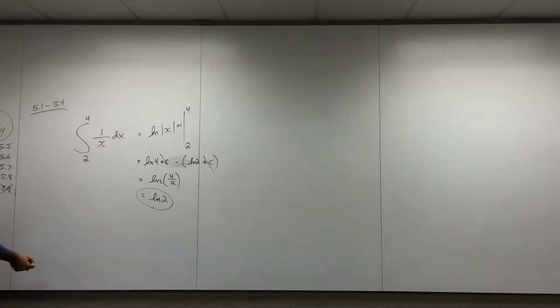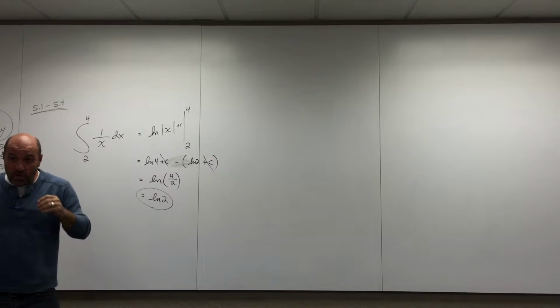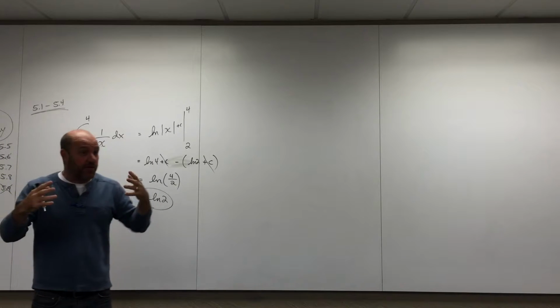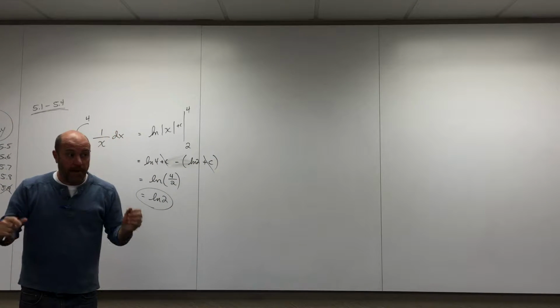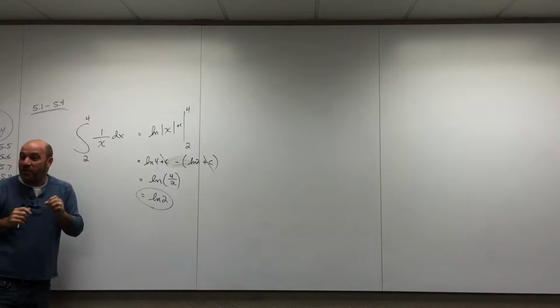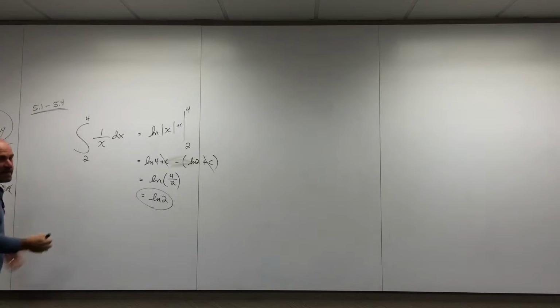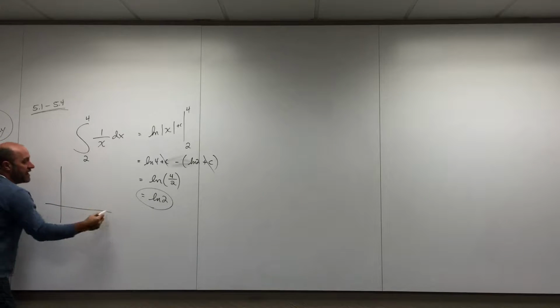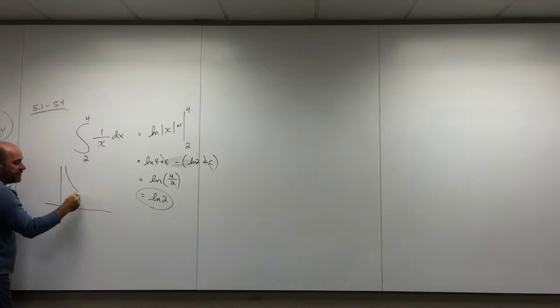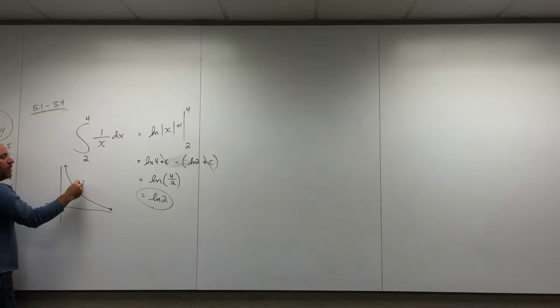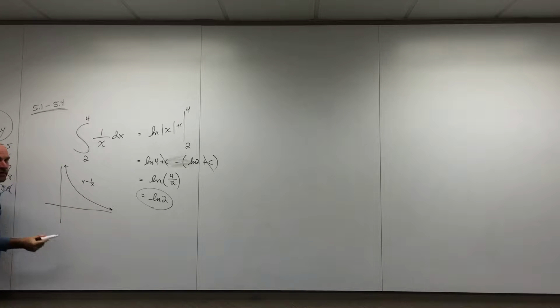The other thing, quickly, is what this represents. We'll learn other uses of integration, especially when we get to Cal 2, and an integral can mean a lot of things. But as of now, we interpret it as area under a curve. So I could interpret this as the area under this curve, y equals 1 over x. I could use my graphing calculator, but I kind of know what it looks like.